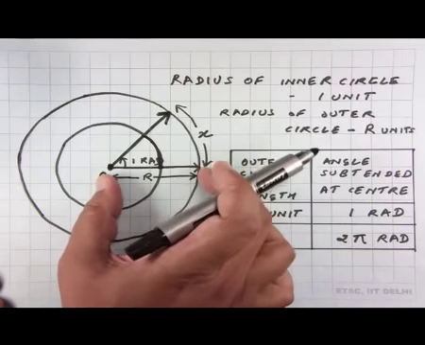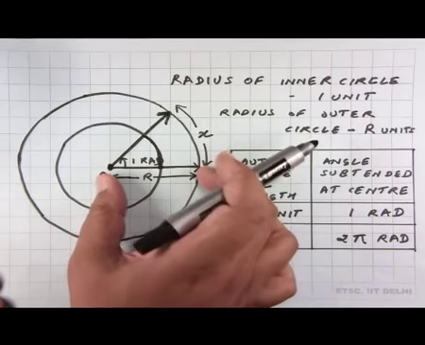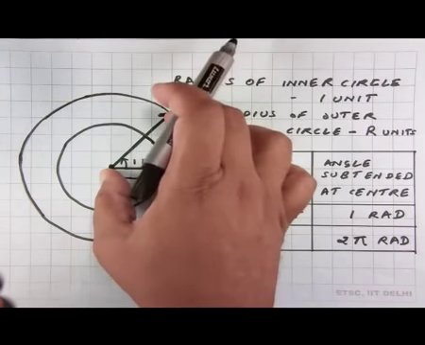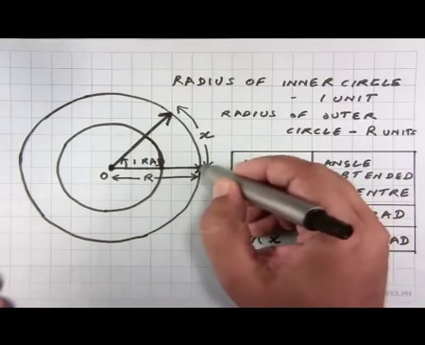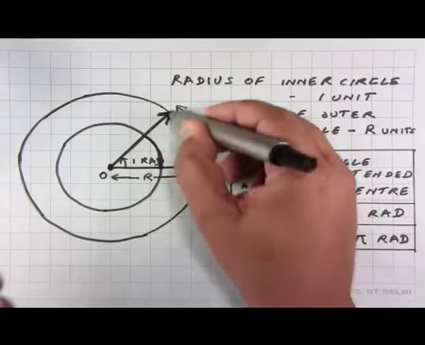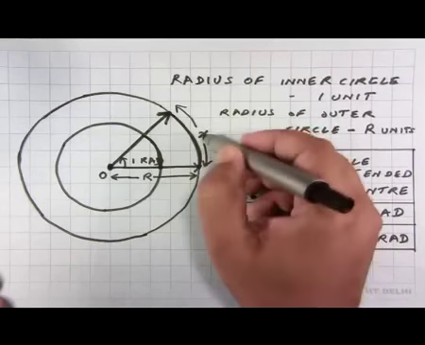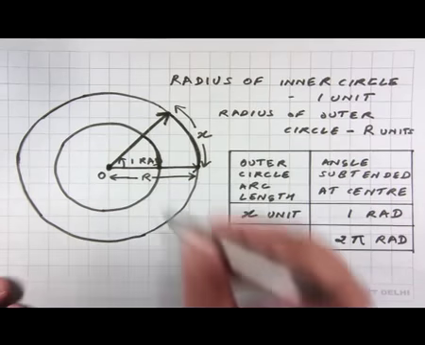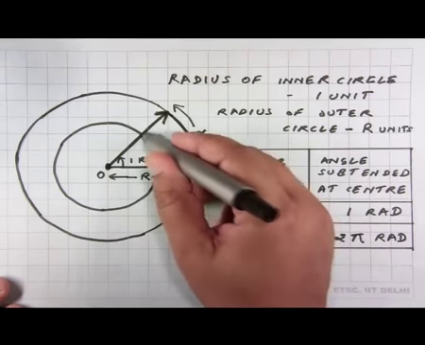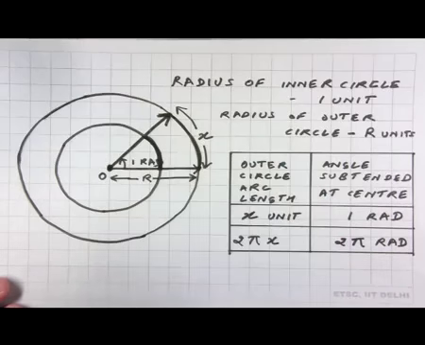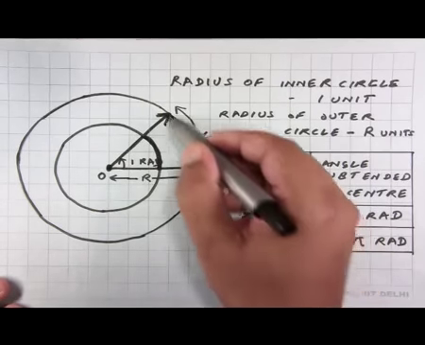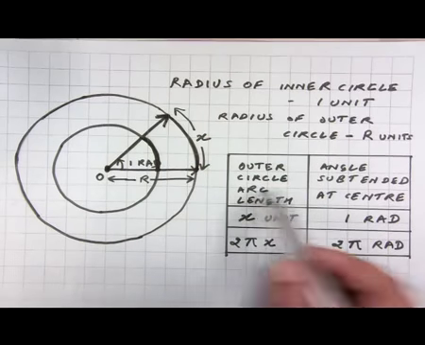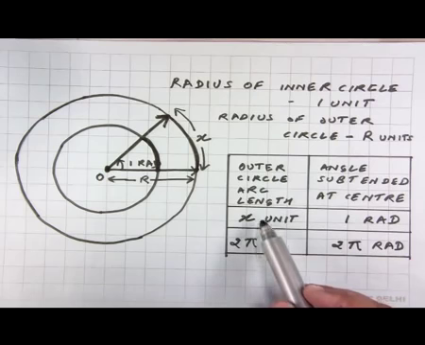So, this is what I am talking about, and we rotate this particular ray by 1 radian, and we want to see the length of the arc on the outer circle, which is this length x. Of course, that will not be 1 unit, because 1 unit was the length of the arc in the inner circle, and as you can see, it appears that this is definitely more than 1 unit, but how much is it?